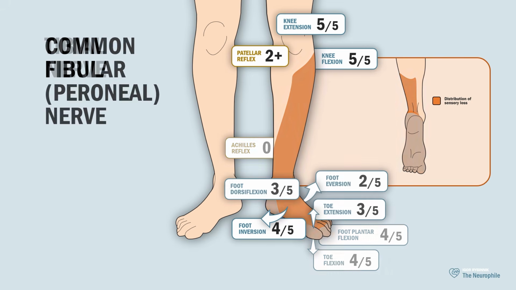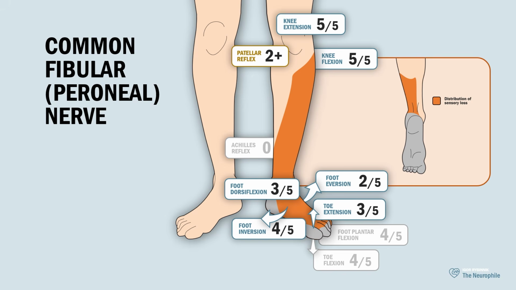Okay, what about common fibular nerve injury at the fibular head? Well, the motor findings do fit: weak dorsiflexion, toe extension, eversion, and inversion. And the sensory loss on the posterolateral leg and dorsum of the foot, that fits too. But here's where things don't quite add up.